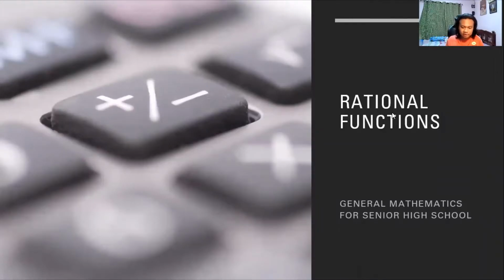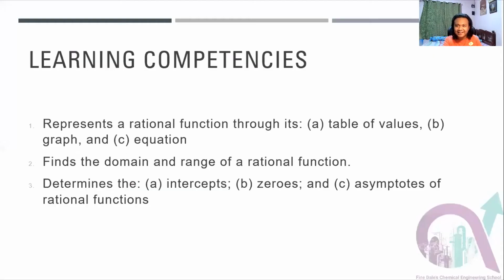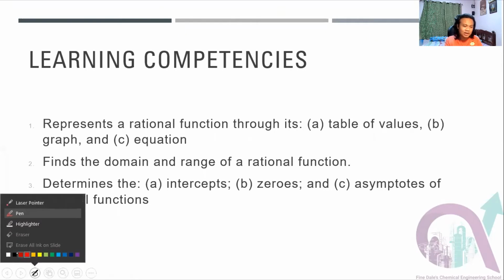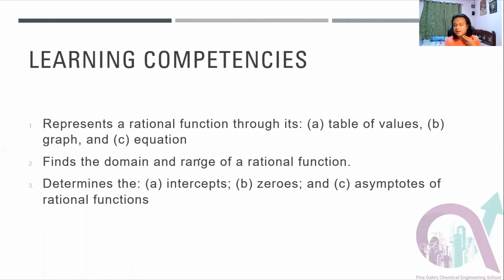So now we are moving on to rational functions. As per DepEd, these are the learning competencies you should learn. You have to represent values through a rational equation or rational function, to a table of values, graph, and equation.